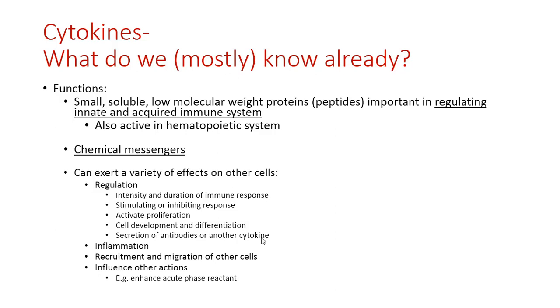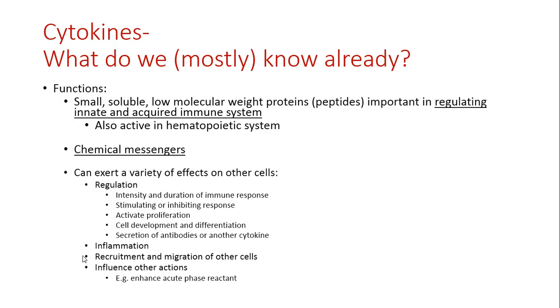other cells. What else can it do that's both familiar to us and we're going to look at in a little more detail? We're going to see today how it influences inflammation and the processes of the innate immune system. We're going to look at how it recruits, and we've seen how cytokines, specifically chemokines, can recruit and cause other cells to migrate to an area where they're needed.